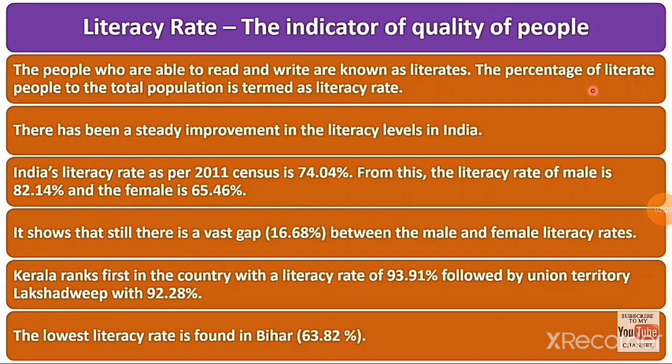Next, literacy rate. Literacy rate is the indicator of quality of people. What is literacy? The people who are able to read and write are known as literates. The percentage of literate people to the total population is termed as literacy rate.